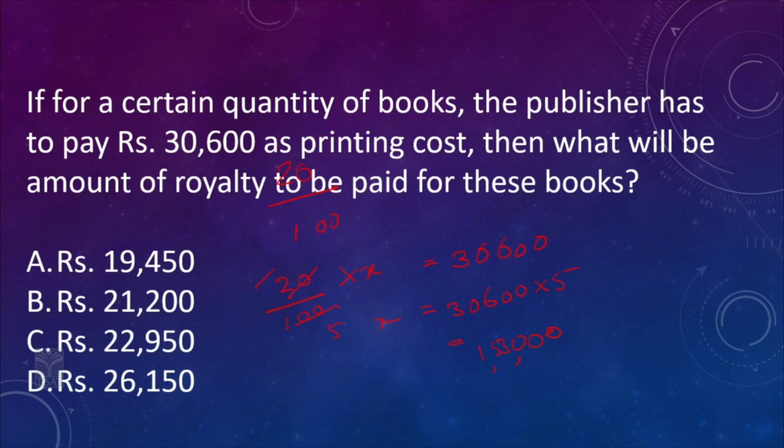Now royalty means you have to give 15% of it, so 15 by 100 of 1,53,000. These two zeros get cancelled.